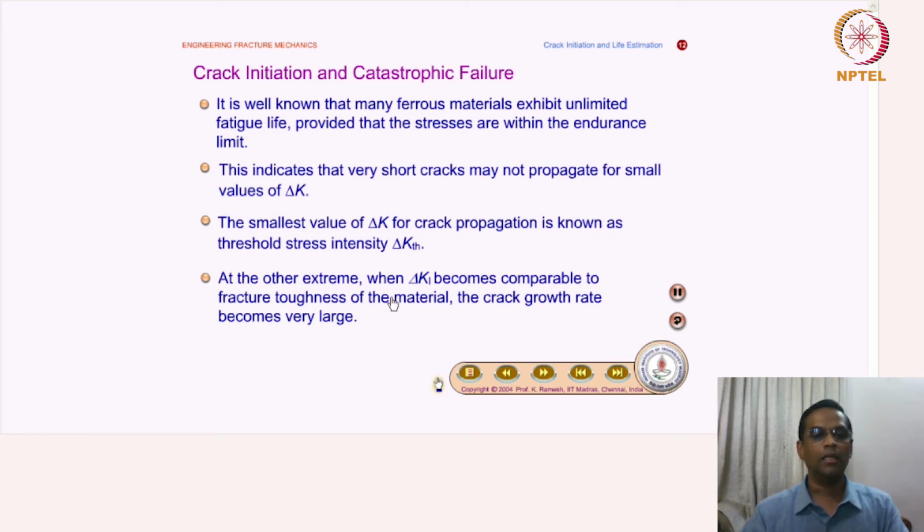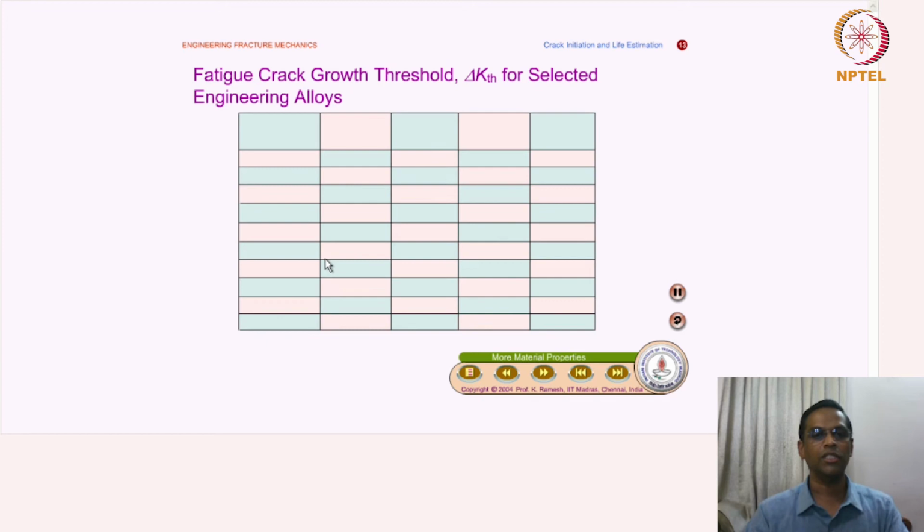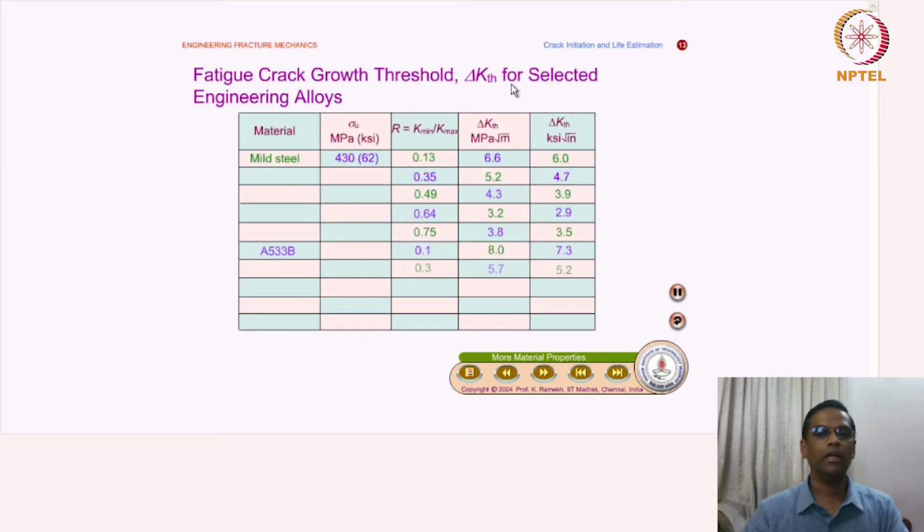At the other extreme, when delta K becomes comparable to the fracture toughness of the material, the crack growth rate becomes very large. This also we will see in the crack growth curve characterization. Fatigue crack growth threshold delta K TH for selected engineering alloys. So you can see mild steel, and this is an aluminum alloy.